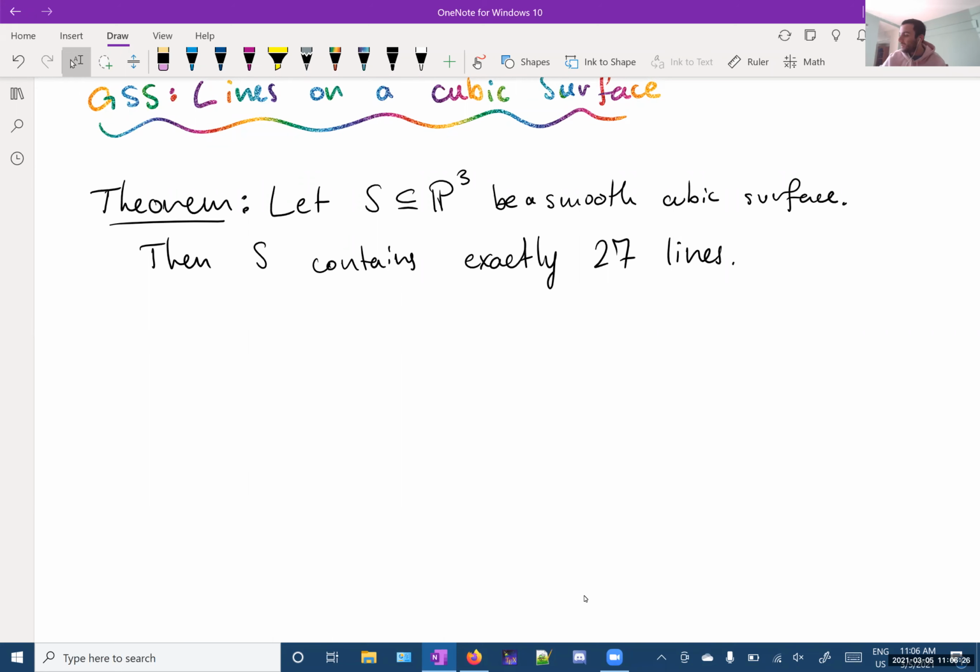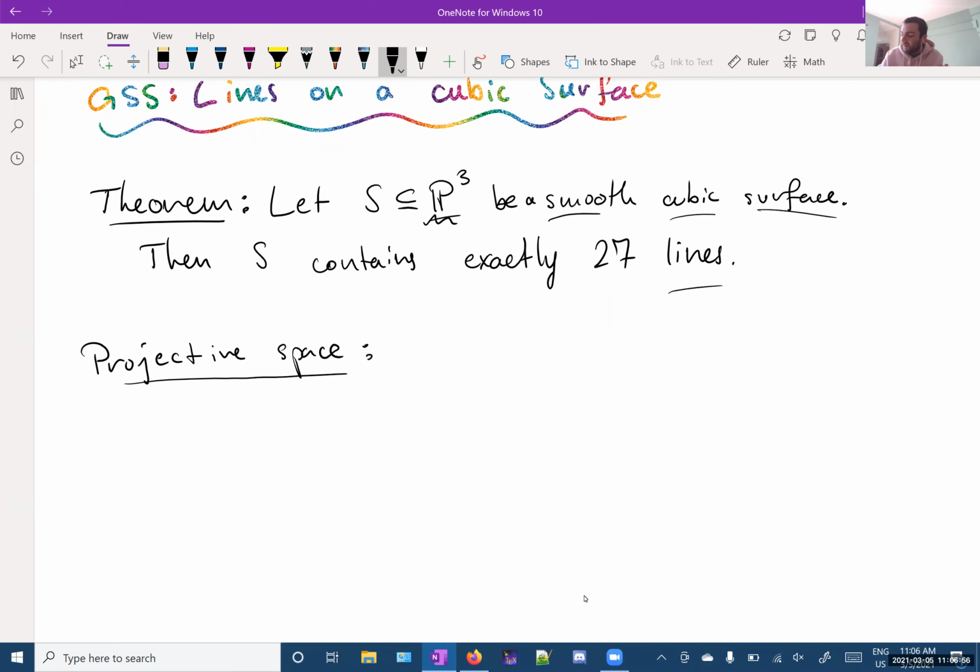Okay. So let's define some of these terms: smooth cubic surface, P3, what's a line, right? So we can get a feel for what we're talking about, and then I want to talk about the ideas that go behind the proof of this thing. So the first thing that we should talk about is probably projective space, okay? Projective space is something maybe we've all seen before, I don't know.